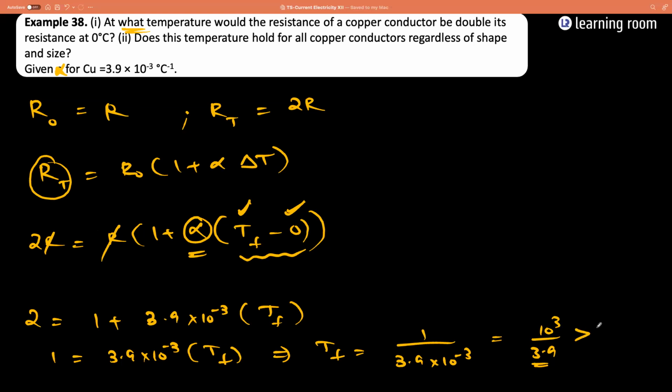Which should be greater than 250, because if I approximate 3.9 to 4, 1000 by 4 is 250. So the answer should be greater than 250 because the denominator is less.